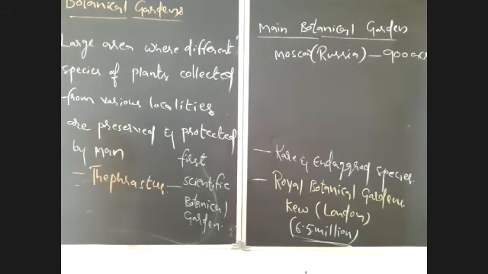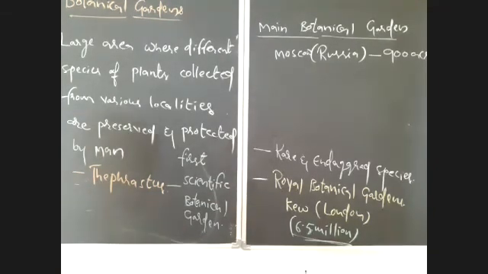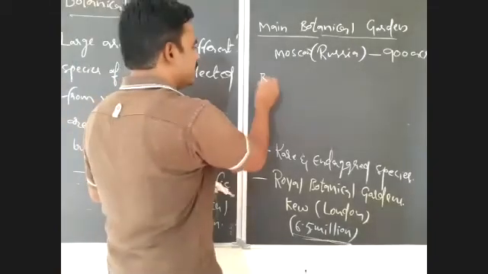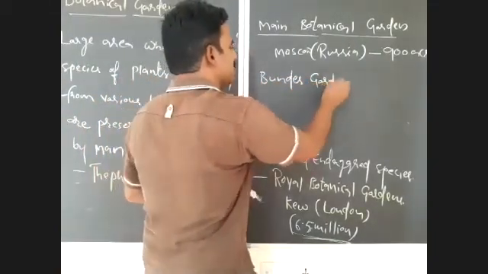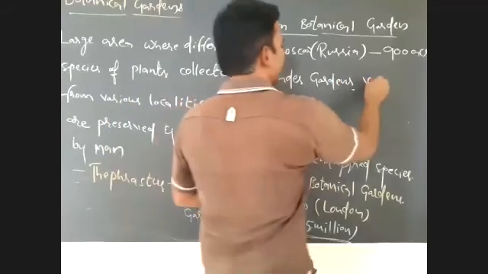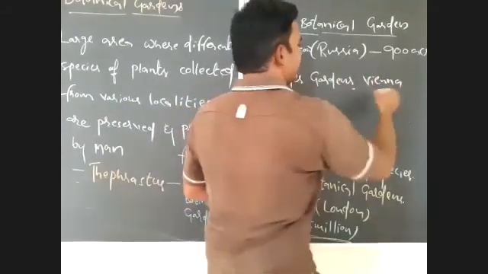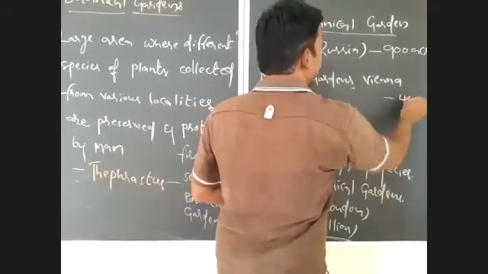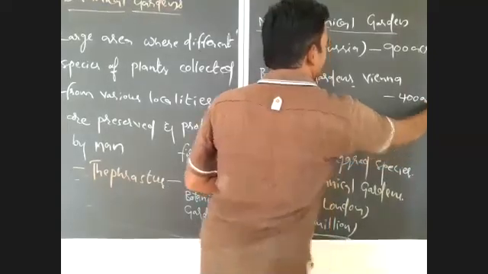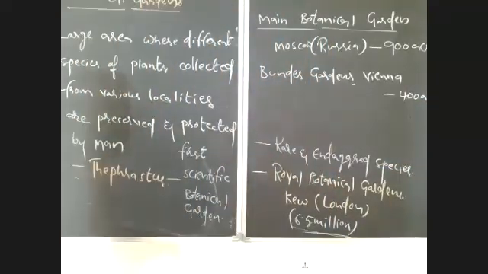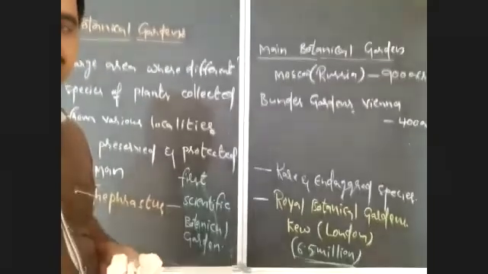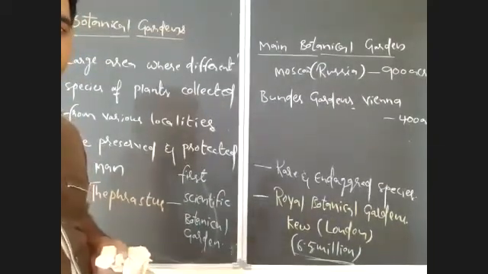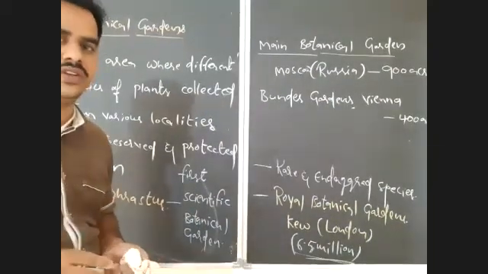After that, the Bundy's Gardens of Vienna is the second largest. It is about 400 acres. That you have to notice here.